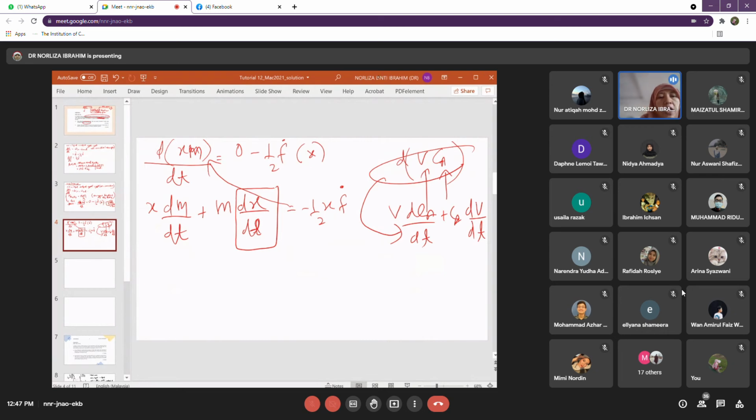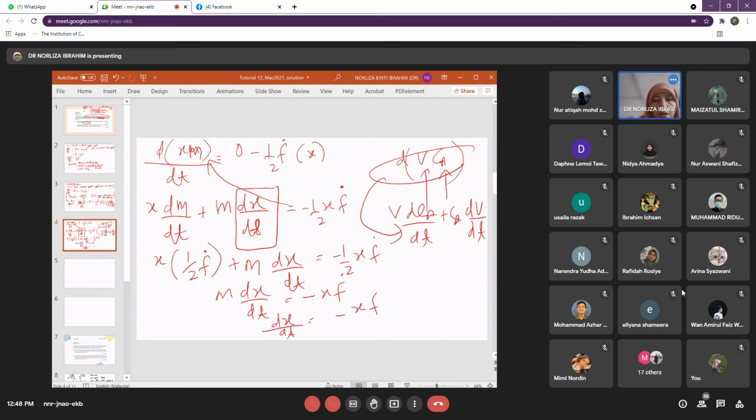So your dm dt is half f dot, plus your m dx dt plus negative half x f dot. So you can simplify that: m dx dt minus x f dot, and dx dt is actually minus x f dot over m.